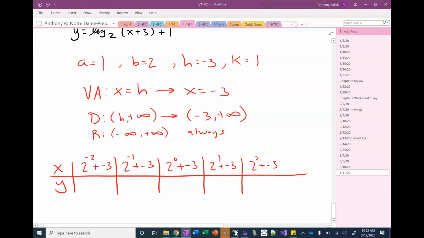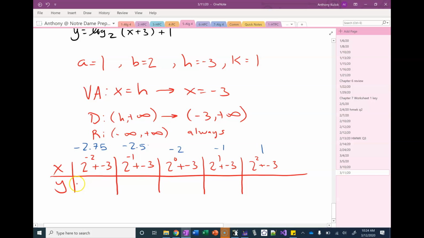If I go and I type these into my calculator, I would get -2.75. This would be -2.5. This would be -2. This would be -1. This would be +1.